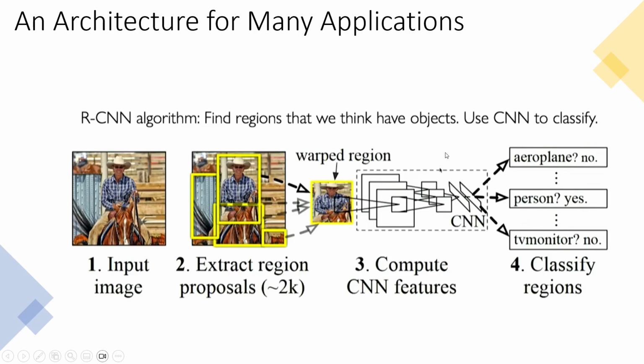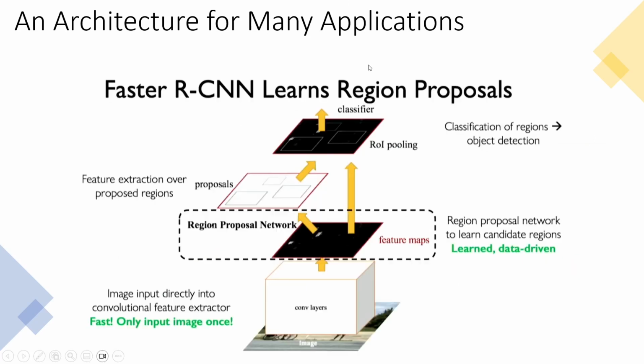So this is another architecture, another convolutional neural network called RCNN. As you study further convolutional neural networks or artificial neural networks, you will see a lot of different architectures. CNN is a popular architecture, RCNN is a popular architecture as well.